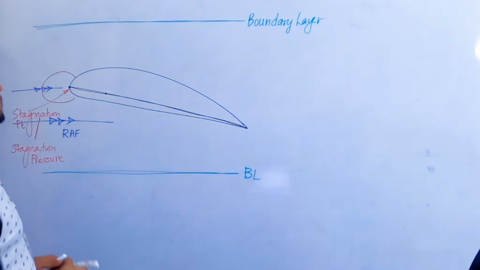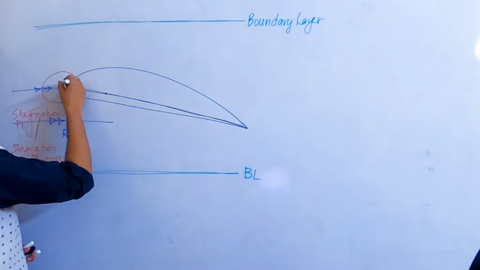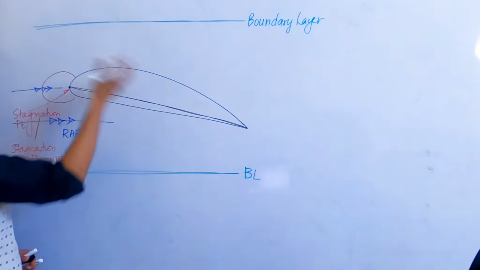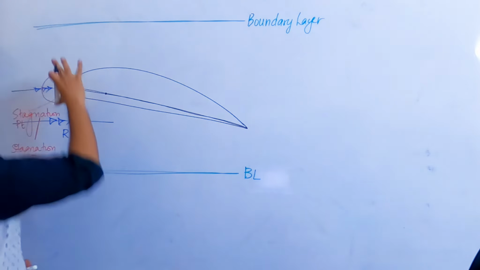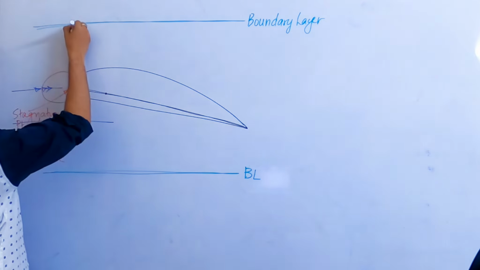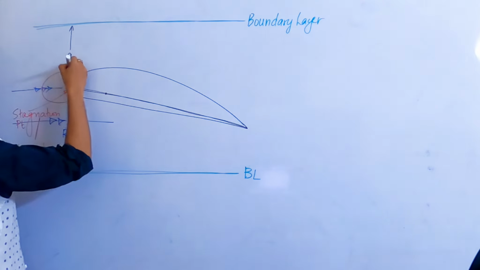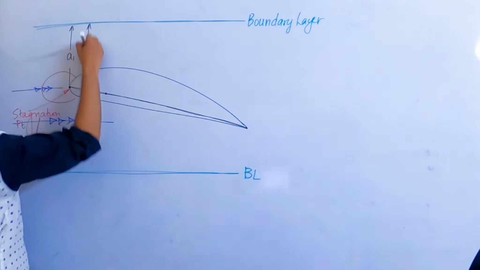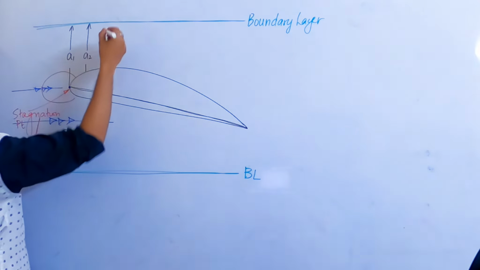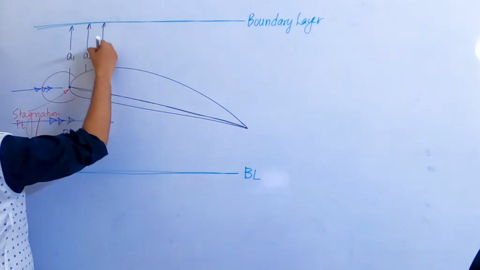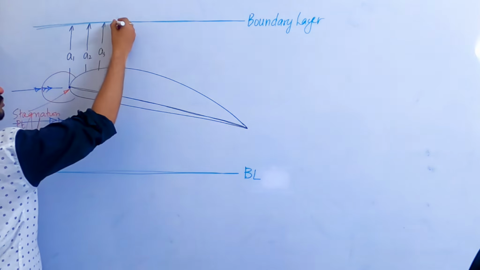Now what happens as the area of cross section reduces? We have seen a diagram earlier where the area of cross section reduces from, for example, if I'm taking this as A1, this is A2. All these diagrams we have discussed in detail earlier, that is why I'm not explaining it much over here.